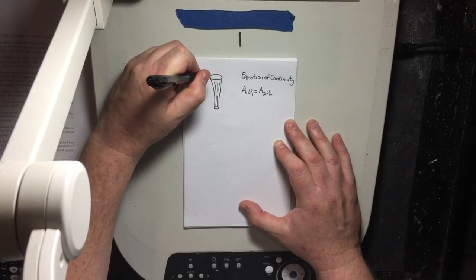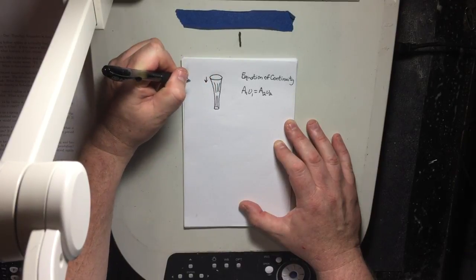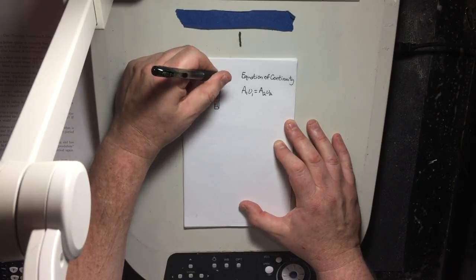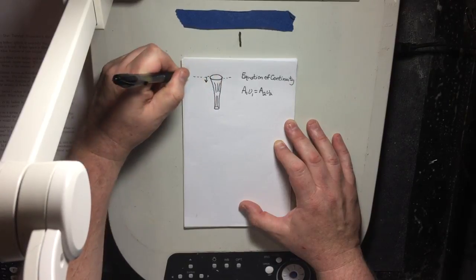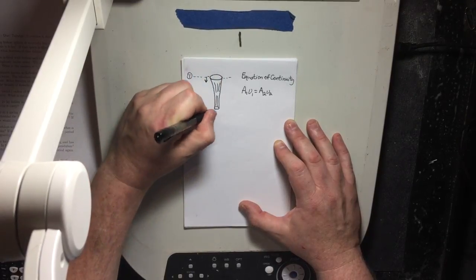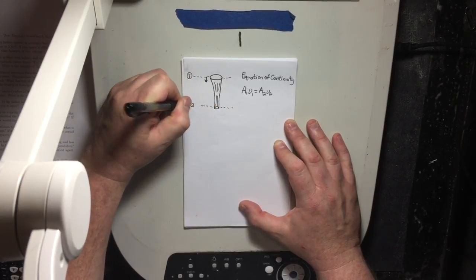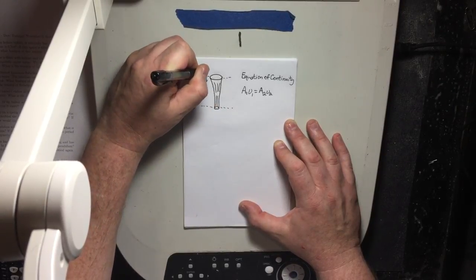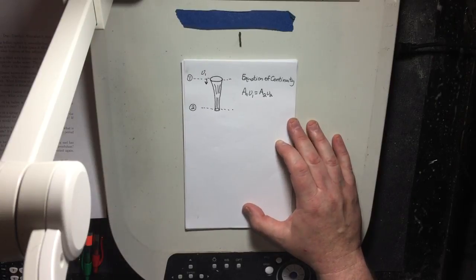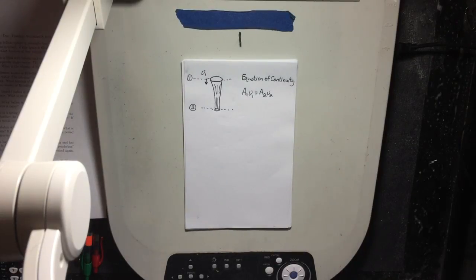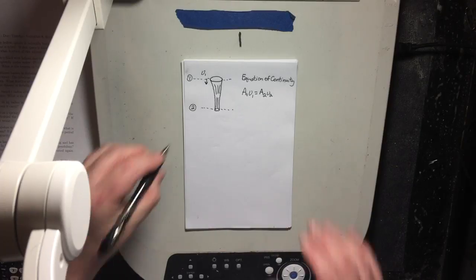At the top, you're going to have to give it an initial velocity. Everything on that level is dealing with the number 1. Everything down here is dealing with the number 2. So it does have an initial velocity coming out of the faucet. Otherwise, it really wouldn't do anything.